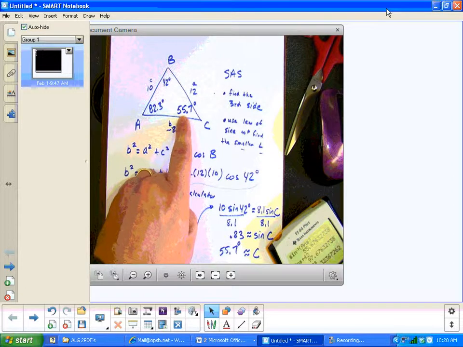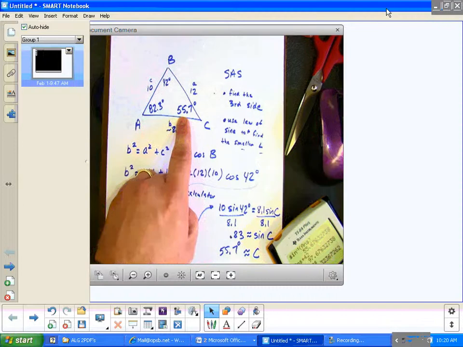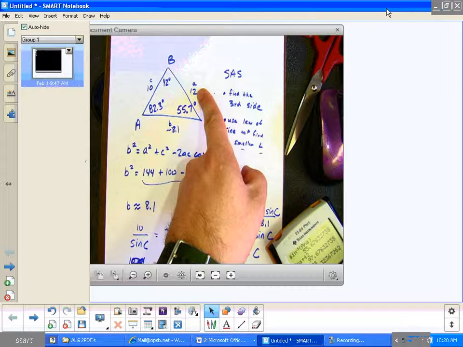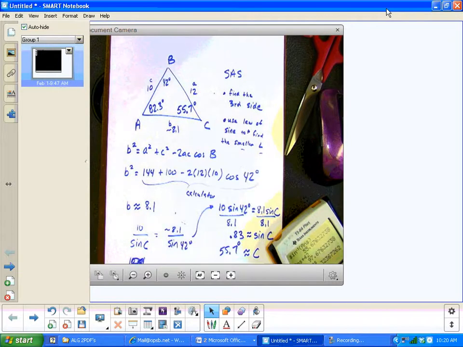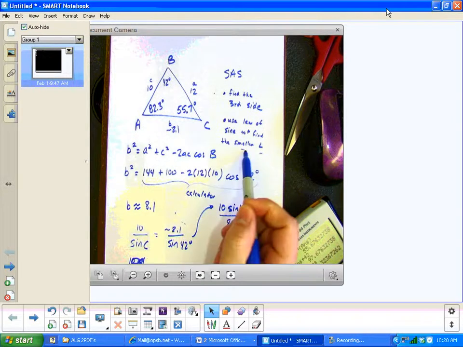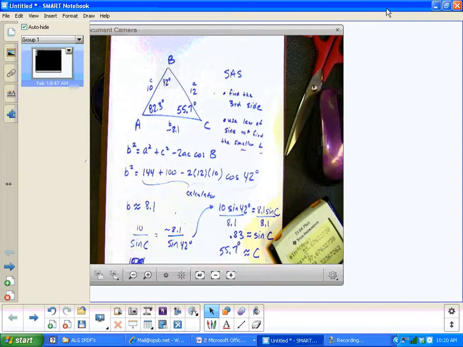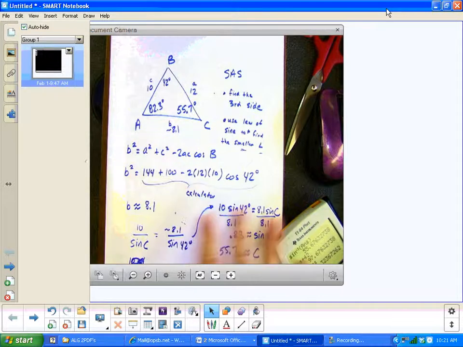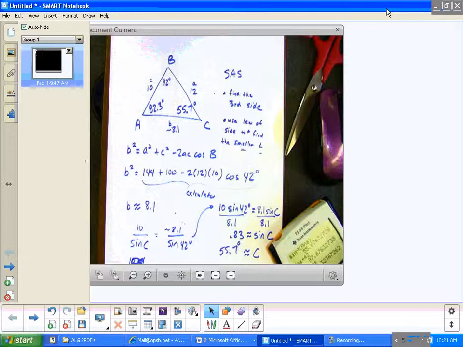Because in a triangle, you can have only one obtuse angle. So if there was an obtuse angle, it would have had to be across from 12 because it was the biggest side. You have issues when it comes to law of sines and obtuse angles. So that's why we say find the smaller angle first. The ones in your textbook, you don't ever run into that problem, but you will if you take college trig.